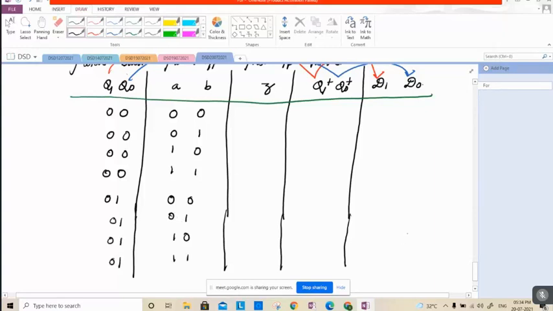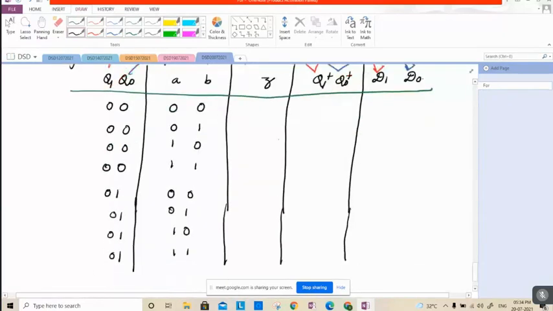Will someone tell me the answers for this?